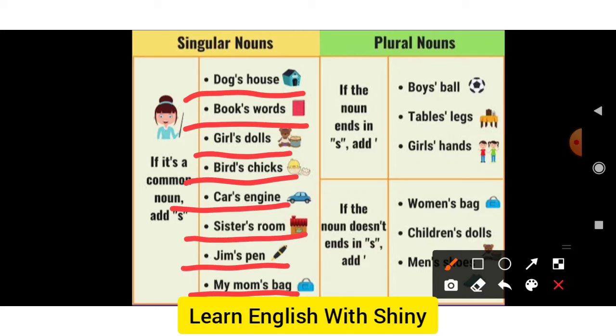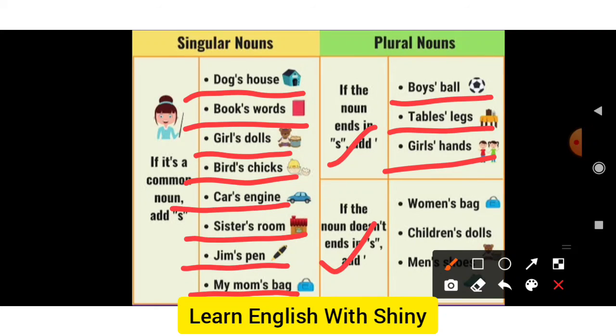When the noun is plural and ending with s, we will use the single quote after the s. For example, boys' ball, tables' legs, girls' hand.